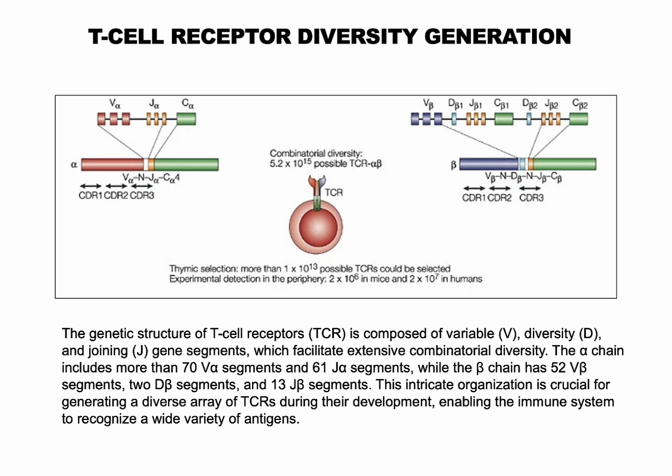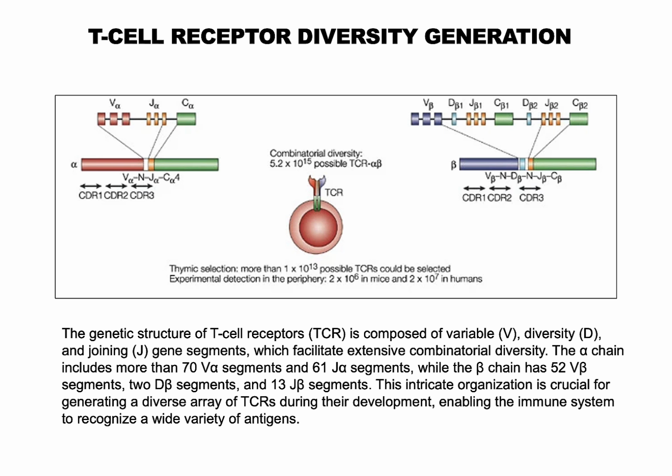The answer lies in a genetic rearrangement process that occurs in the thymus, which is crucial during the initial phase of thymic selection. The genetic blueprint for TCR variable regions is organized into gene segments categorized as variable (V), diversity (D), and joining (J) segments.